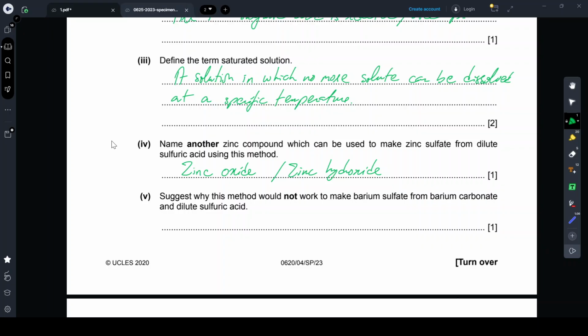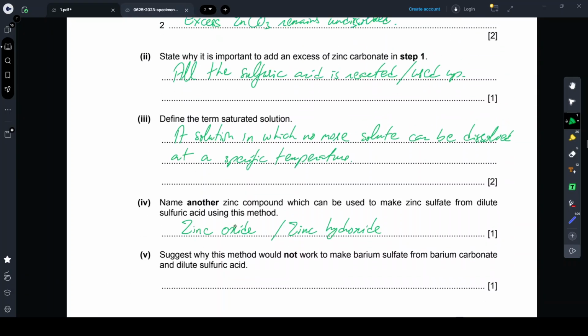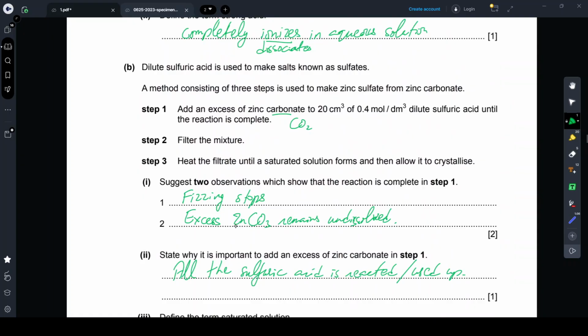Suggest why this method would not work to make barium sulfate from barium carbonate and dilute sulfuric acid. Because it is insoluble. Right, and so the method involves filtering the mixture and then heating the filtrate, right?